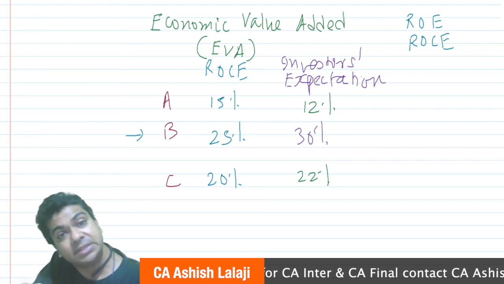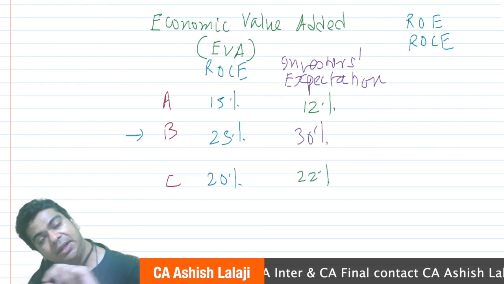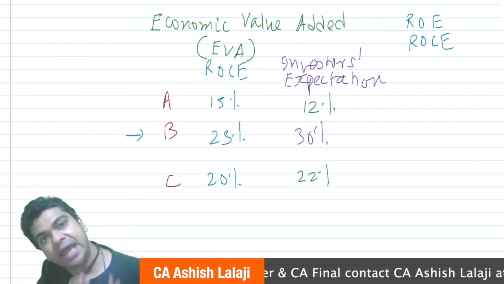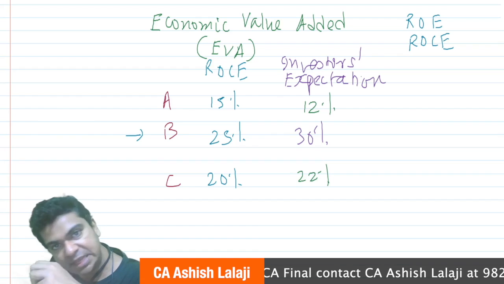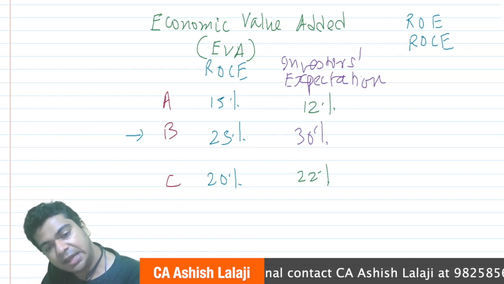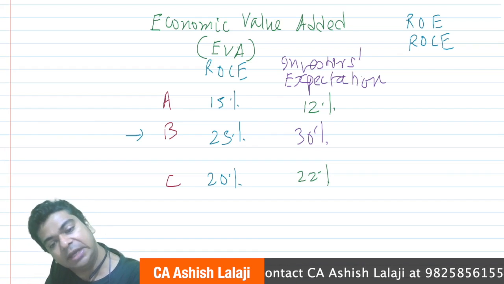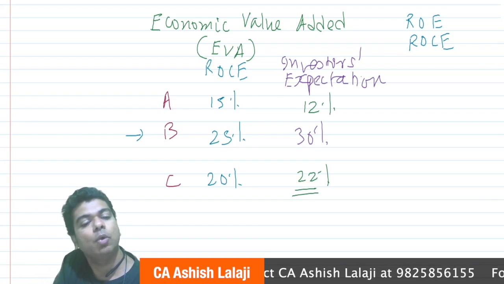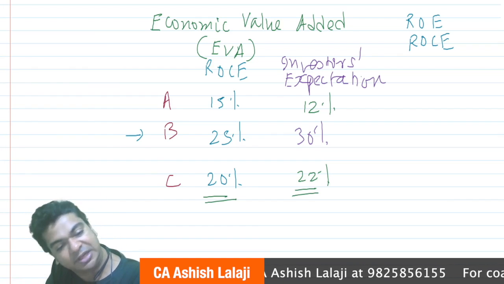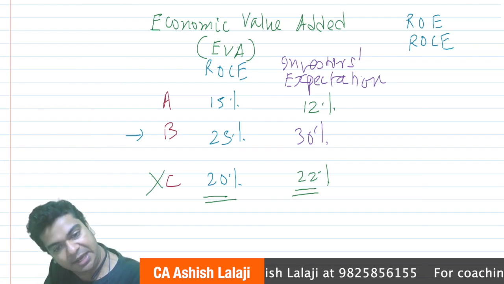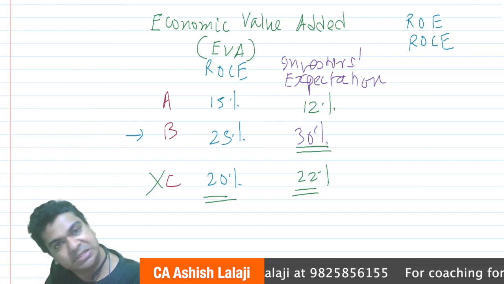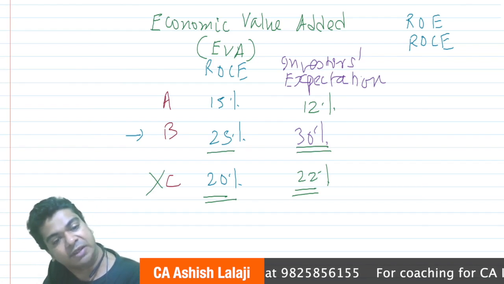So when I consider the risk which is inherent in the company's share, when I consider my expectations as an investor, I realize that I want 22% return, but I will get only 20%. So I will reject company C. I realize that I want 30% return, but the company will give only 25%.